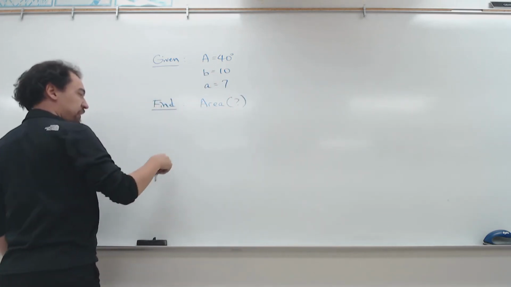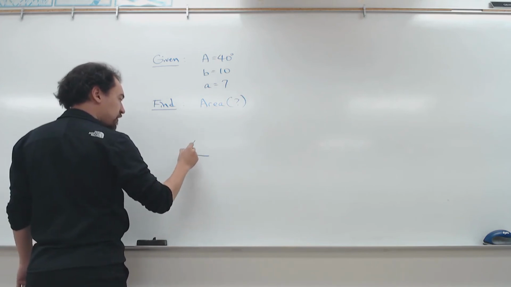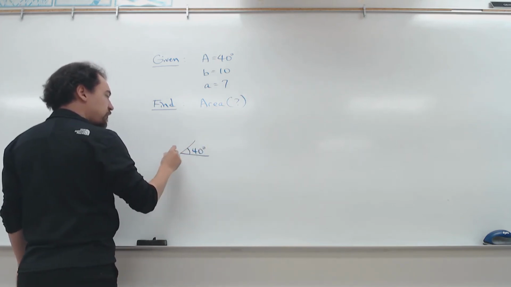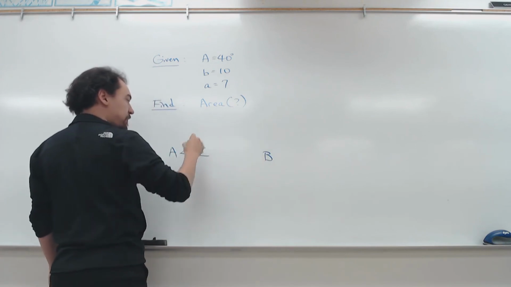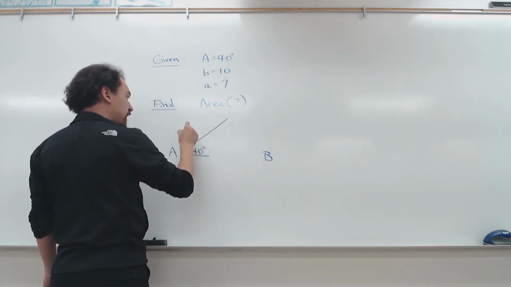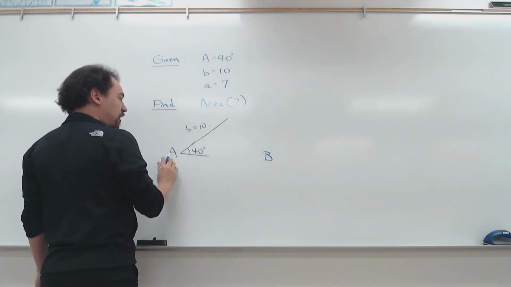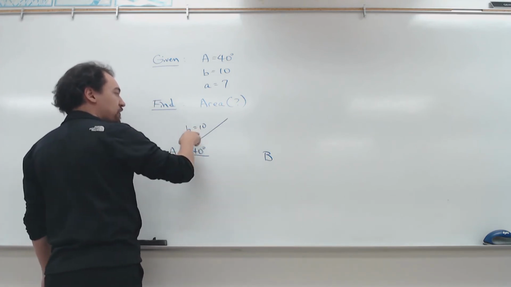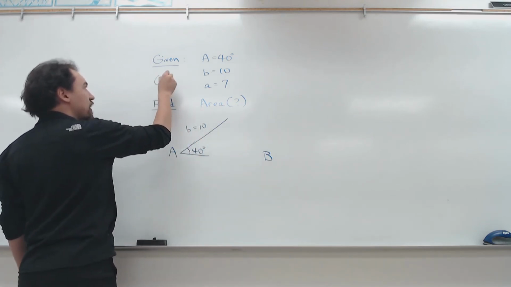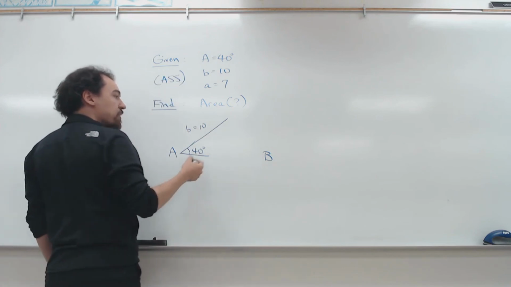If we try to draw this, I'll put angle A in the lower left, and since we can choose how to label the angles, I'm going to put angle B down here. So the opposite of angle B is going to give side length b is 10. And then opposite of angle A, we're going to put side length a. And we realize we have angle side side, so this is going to give rise to the ambiguous case.